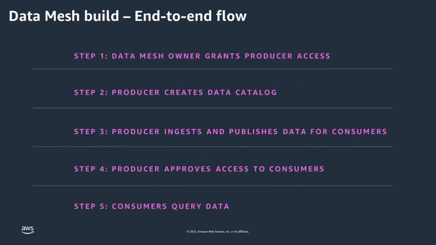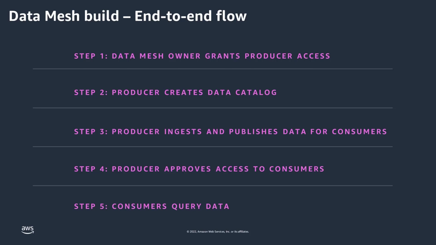I think the utility consists of very simple 5 steps. A data mesh owner grants a producer access to come into the environment and sets up the environment so they can register the locations and make them an administrator for managing the data sets. Then the producers or the domain owners create a data catalog from the data objects within the data buckets.